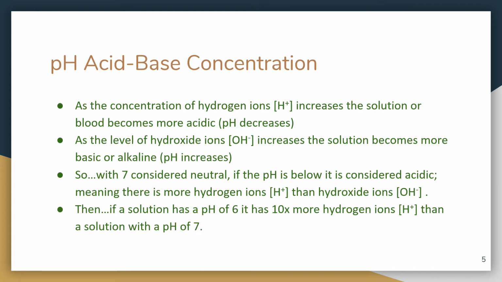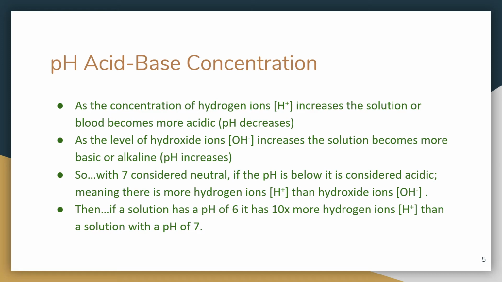Okay, so again, as the concentration of hydrogen ions increases, so as the H+ increases in a solution or in blood, you become more acidic, meaning your pH decreases. You need to know pH decreases with being acidic, decreasing meaning below 7.4, or just going down in general.